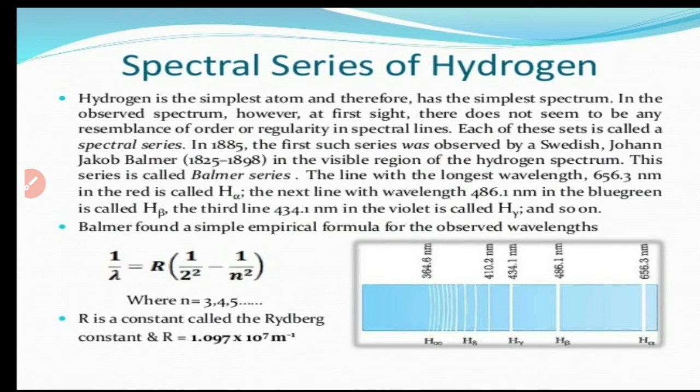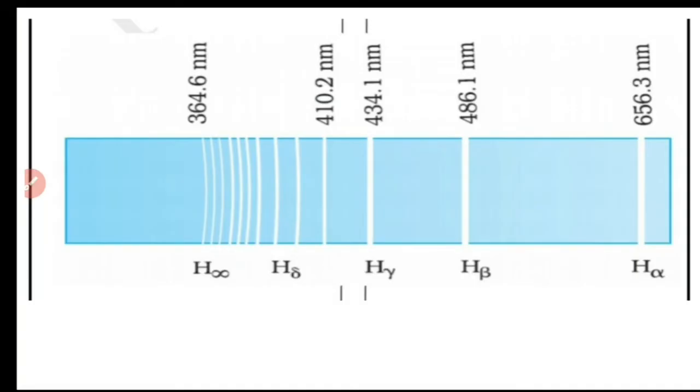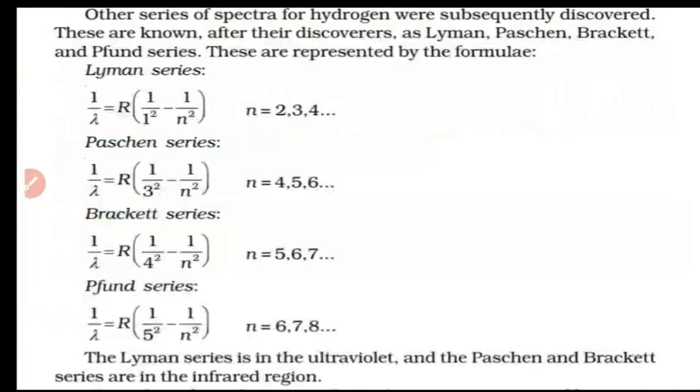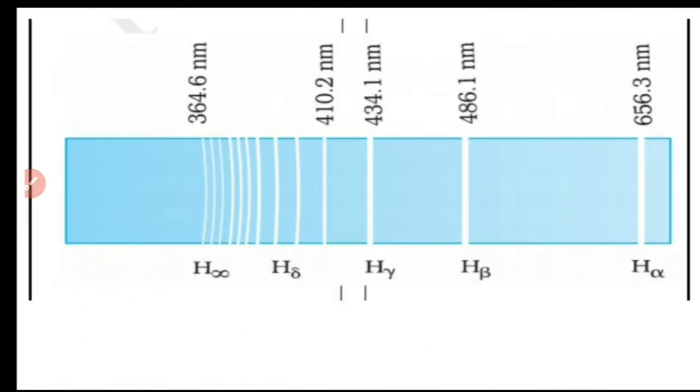After the discovery of Balmer, there were several other spectral series too, called the Lyman series, Paschen series, Brackett series, Pfund series, etc. So altogether there are 5 spectral series for the hydrogen atom.